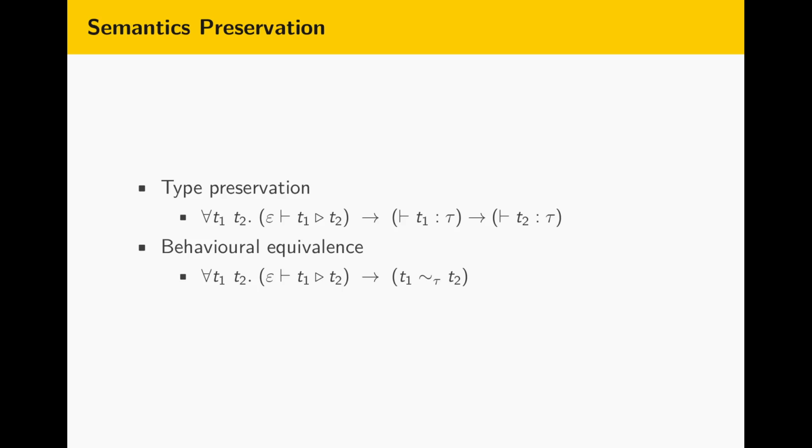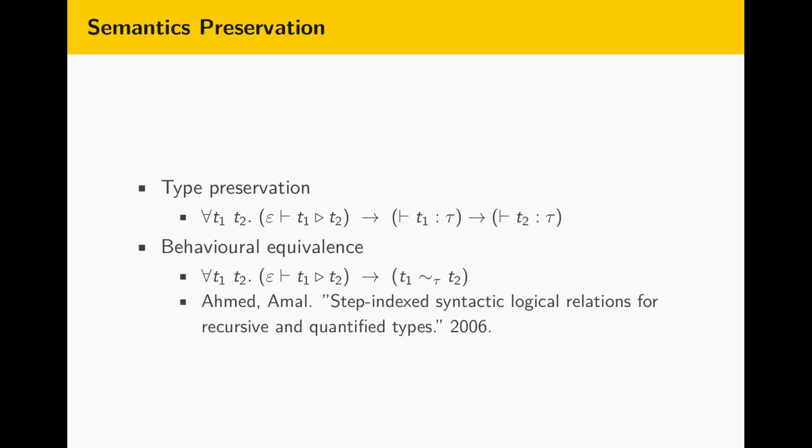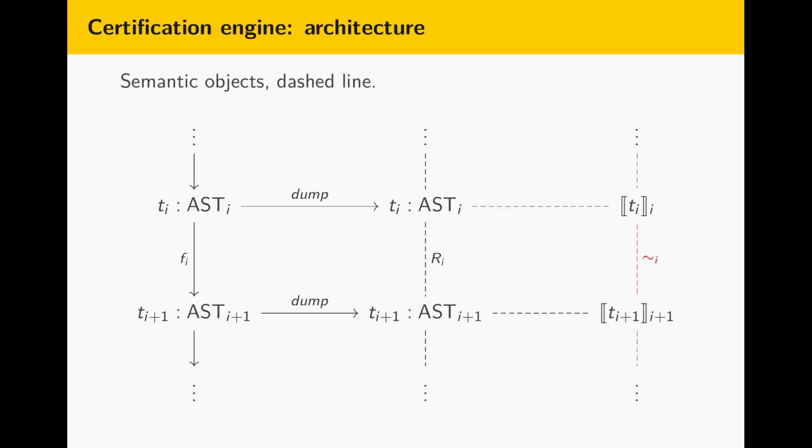And we built this definition of equivalence on existing work by Amal Ahmed on step-indexed logical relations, which is an appropriate fit for our type system. In the diagram, this semantic preservation proof is shown in the rightmost column.